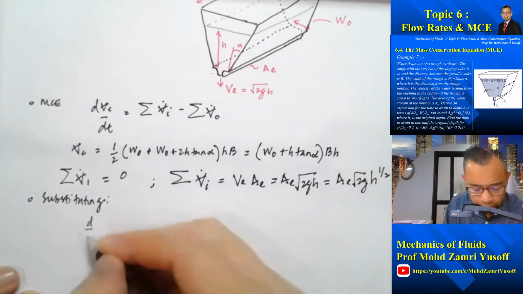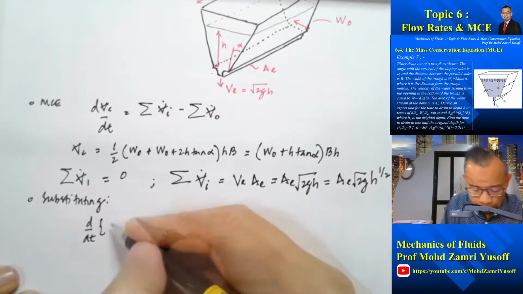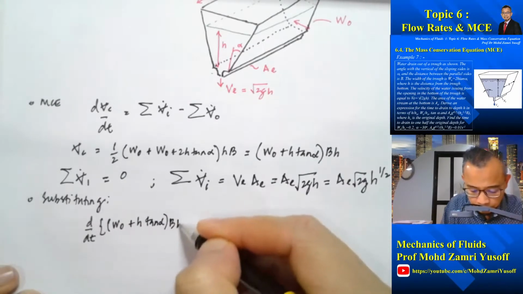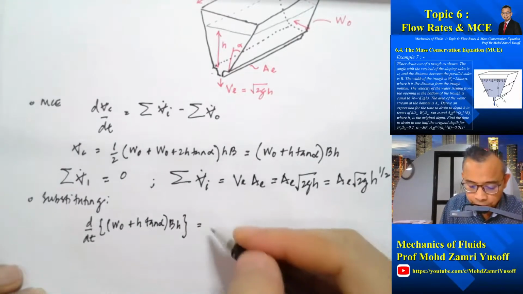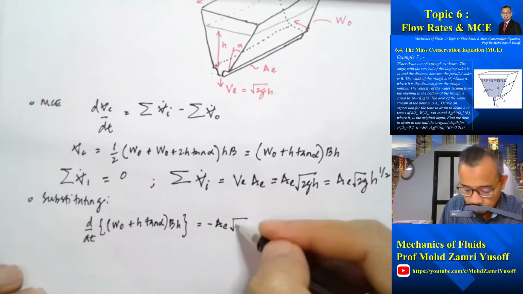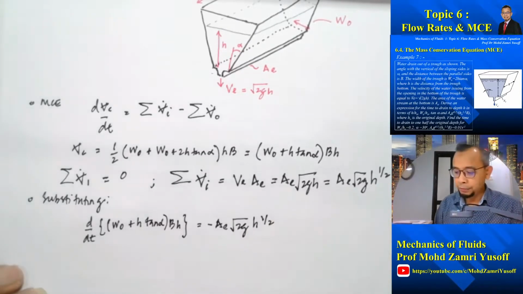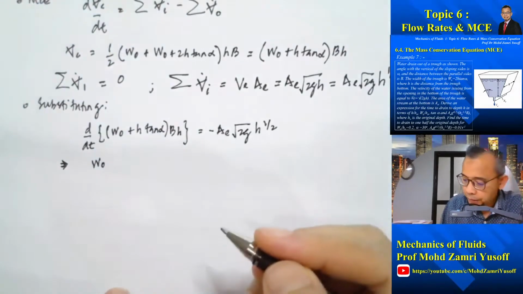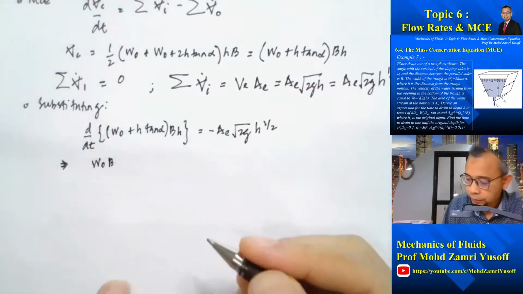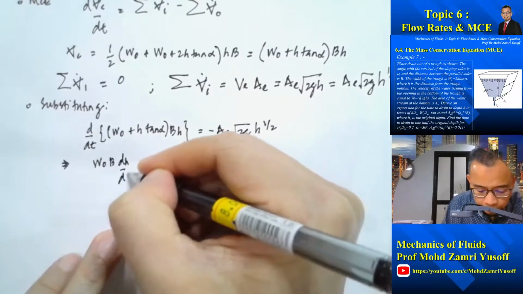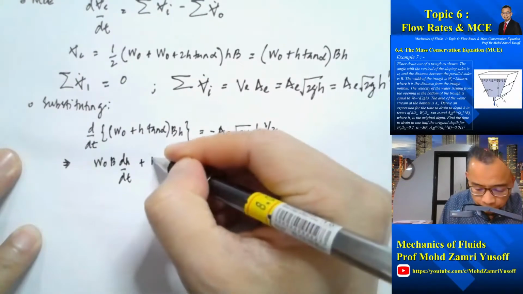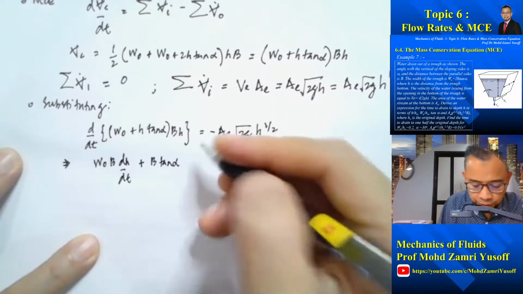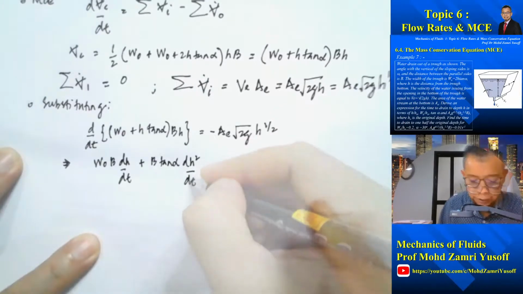So we'll have d by dt of W0 plus h tangent alpha, times h, times b, and this must be equal to minus AE root 2gh to the half. This gives us W0, which is a constant, b is also a constant, dh by dt, plus b tangent alpha, which is also constant, but then we have h squared, so dh squared by dt.